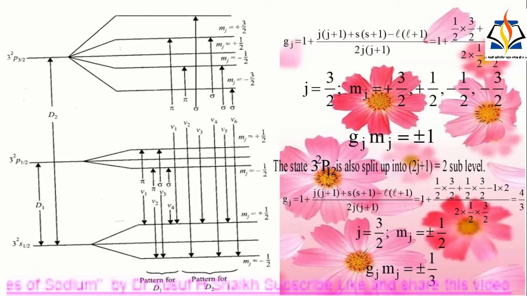For this state, g_J is equal to 1 plus [J(J plus 1) plus S(S plus 1) minus L(L plus 1)] divided by 2J(J plus 1), that is equal to 1 plus (1/2 multiplied by 3/2 plus 1/2 multiplied by 3/2) divided by 2 multiplied by 1/2 multiplied by 3/2, that is equal to 2.